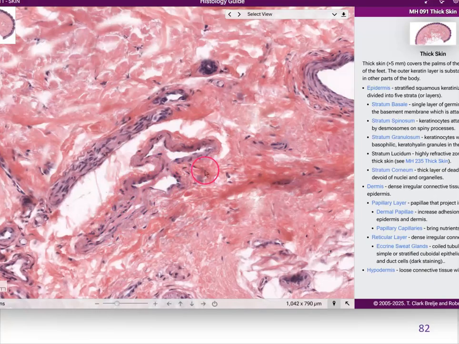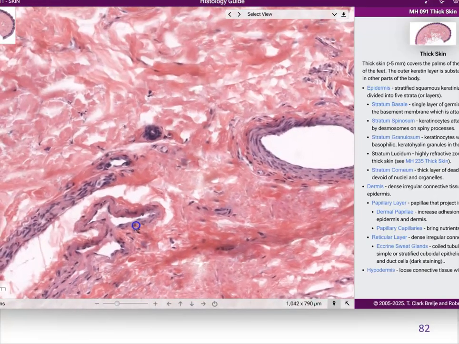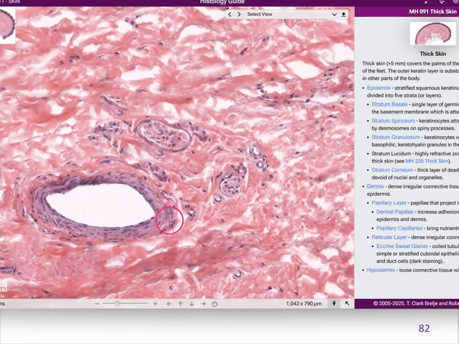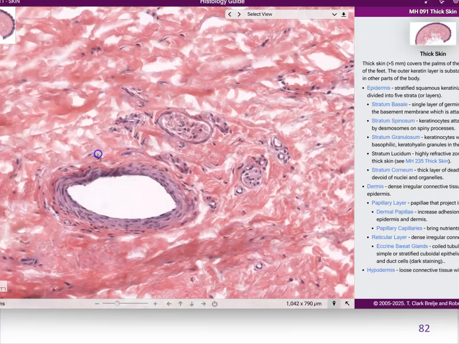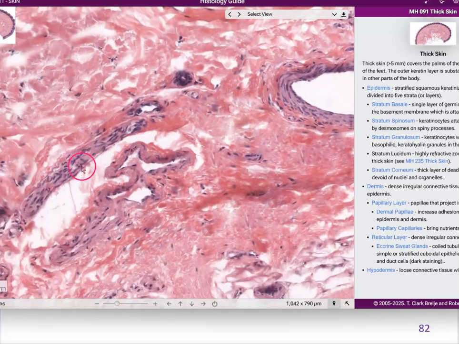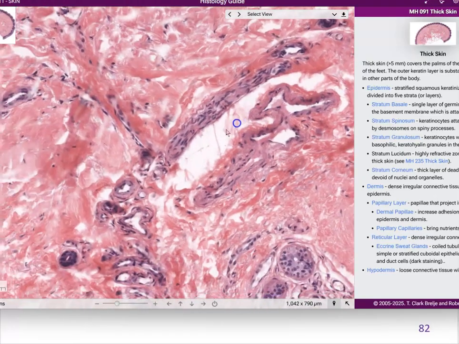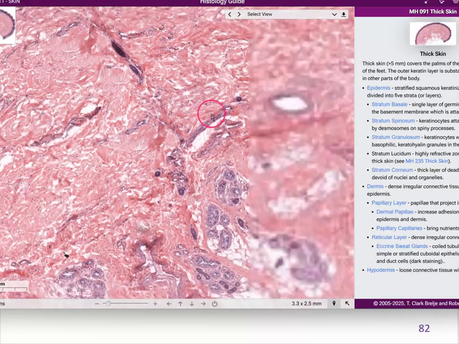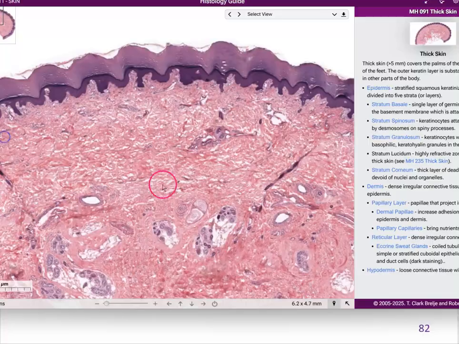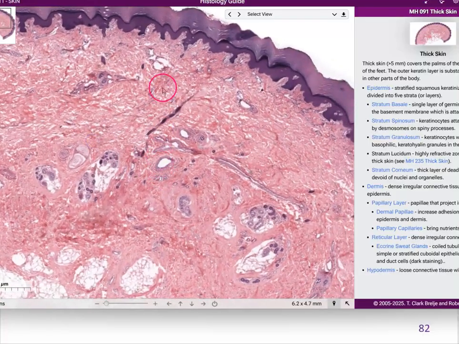They don't have a reason to be strong. They don't have high pressure. So I think those might just be two views of the same vein. It might be going in and out of the plane of the slide. And we see more blood vessels here.